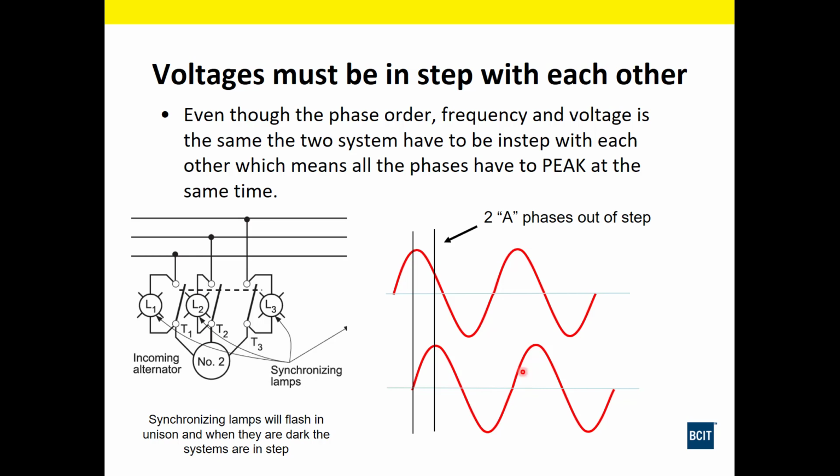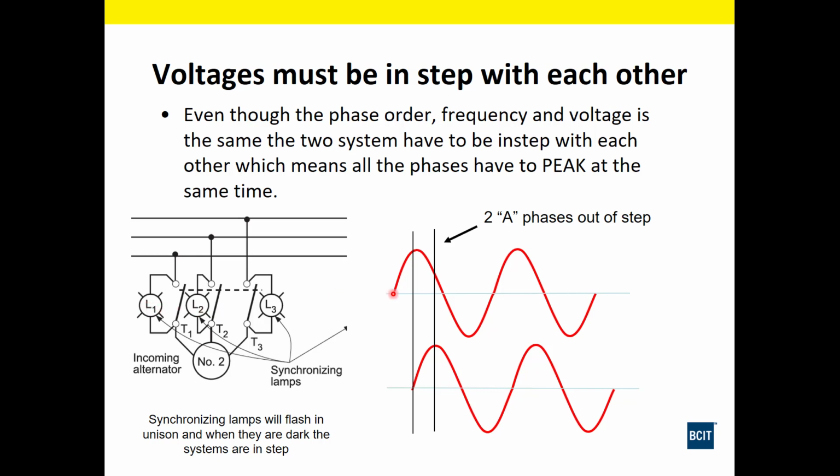Now this is the thing that's going to throw the lights out the most. So if we adjust the phase order so all different power sources have the same phase order, ABC and ABC, what's that going to look like with these lights?